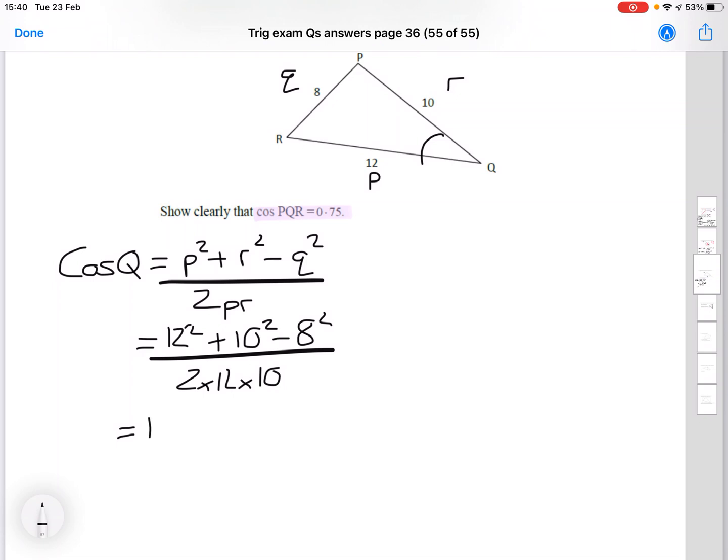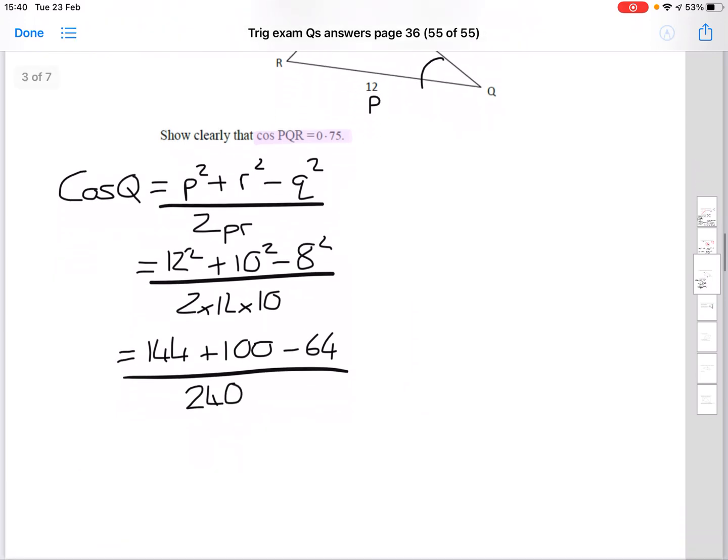So 12 squared is 144, 10 squared is 100, 8 squared is 64, and then on the bottom 2 times 12 is 24 times 10 is 240. If you carry on working that through, 144 plus 100 is 244, minus 64, over 240.